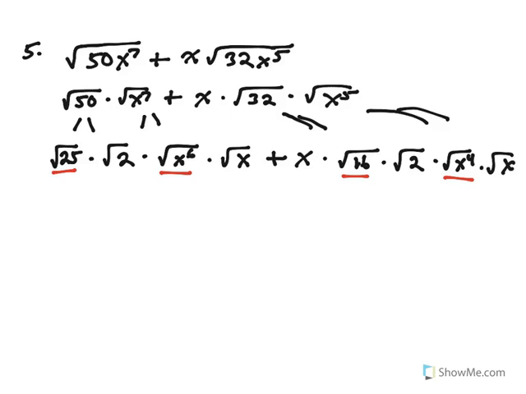So now we're going to identify all the perfect squares, and these are the ones I want you to simplify. Take the perfect square: square root of 25 is 5. Square root of x to the 6th is x to the 3rd, because when you do x to the 3rd times x to the 3rd, you get x to the 6th.